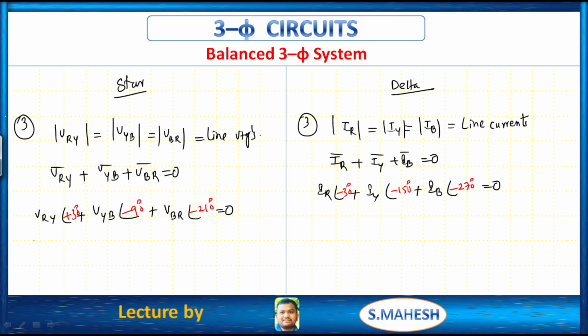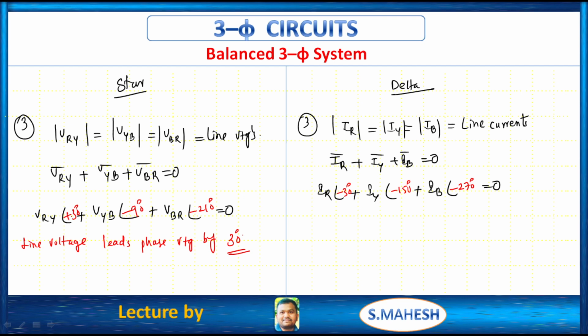Okay. What is the reason? Line voltage leads phase voltage by 30 degrees. In any case, the phase displacement between any phasors is 120 degrees. That we have to check first. If that is satisfied, all are balanced.